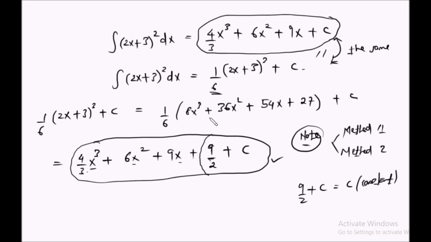Okay, so this answer is the same as this. So when you use two different methods of integration, you're going to get the same answer, okay? Don't mind the constants. Wewe angalia hizi variables na coefficients zake. Zikifanana hivyo, ujue jibu ni hilo hilo. Okay? Constant kama zina tofauti kidogo haibadilishi chochote, okay? It does not change anything.